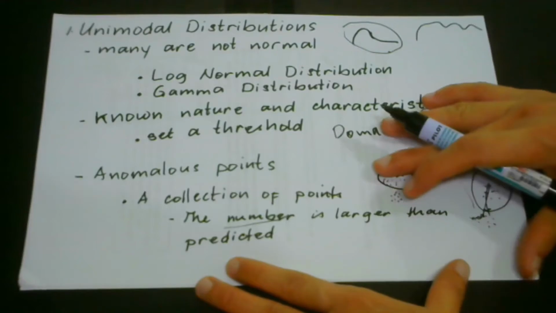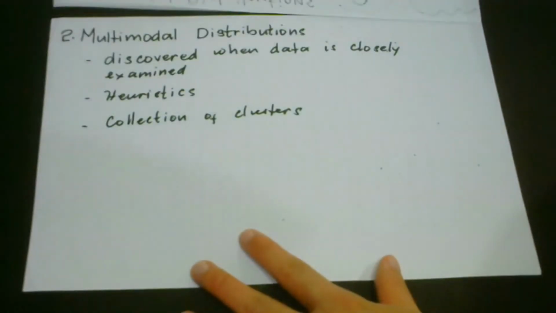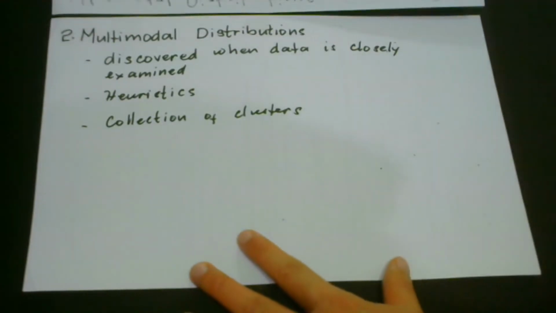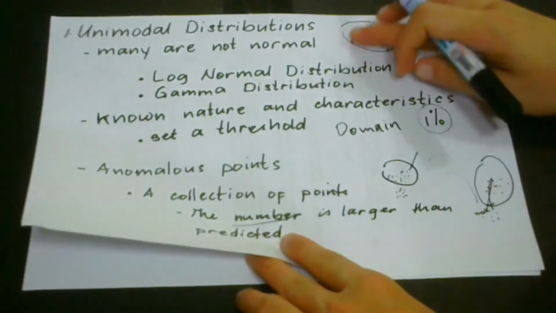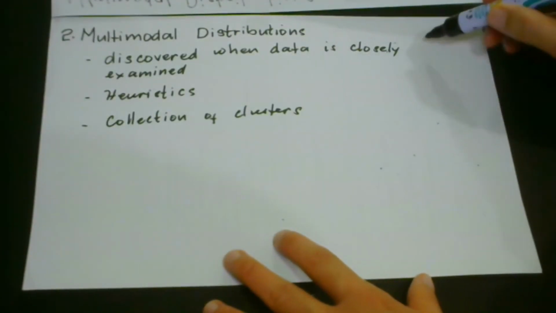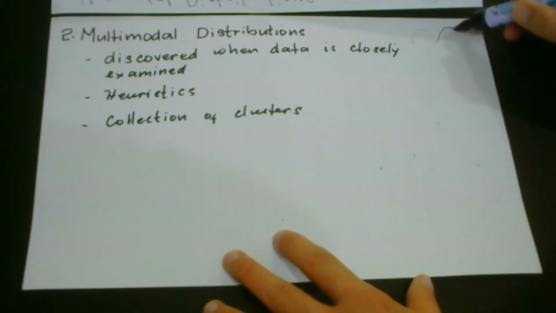After these unimodal distributions, what is the situation when we have a multimodal distribution? Unlike this one where there is only one mode, in this case we have more than one mode. So the data distribution can be like this.